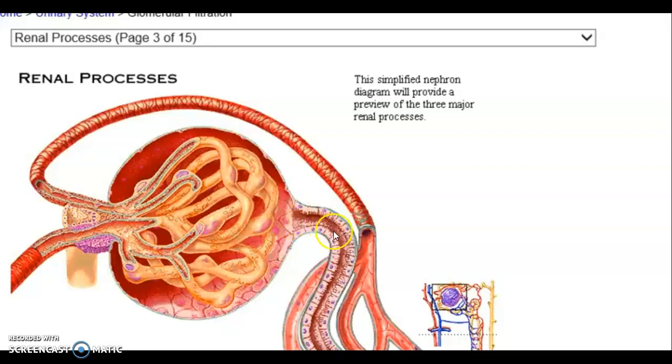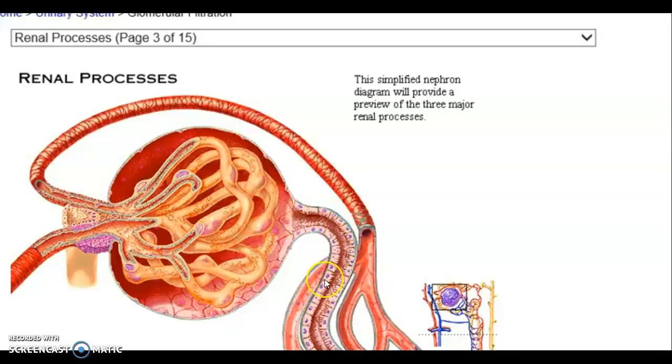It's running through the proximal convoluted tubule, with cells that have what we call brush borders because they've got microvilli on them. And then what we're going to do is reabsorb the majority of what we filtered out back into the peritubular capillaries, which is what the efferent arteriole becomes. So remember, what we filter out, we're going to reabsorb most of it back into the bloodstream.